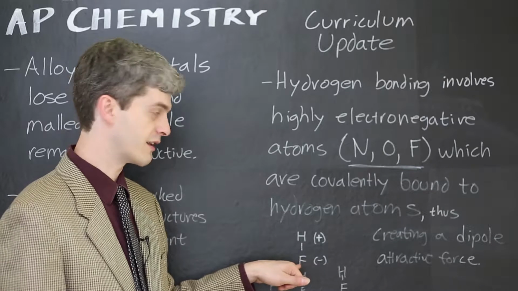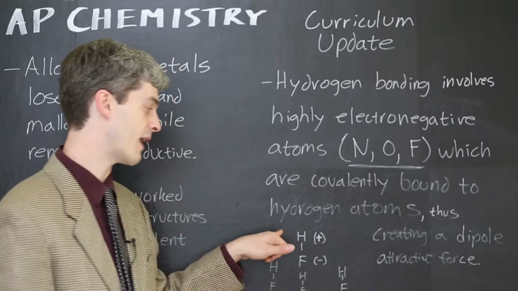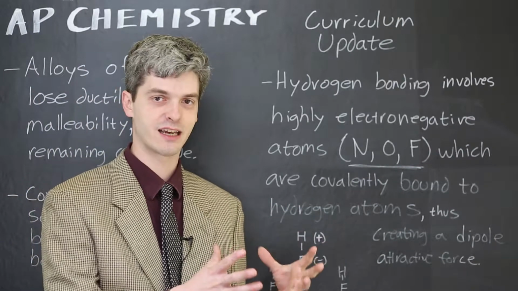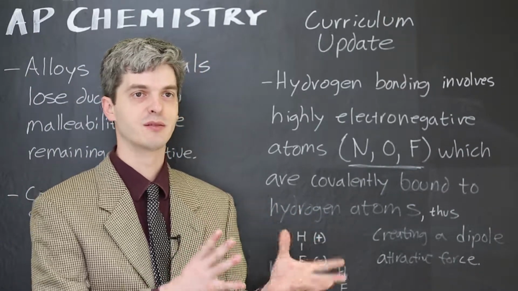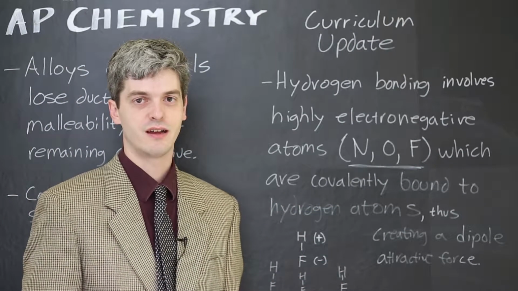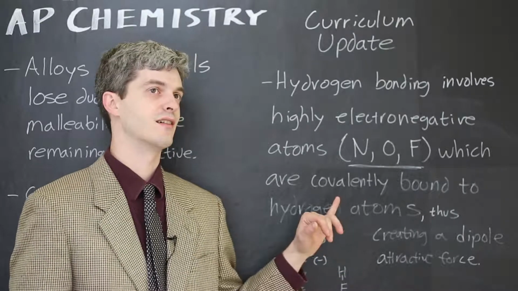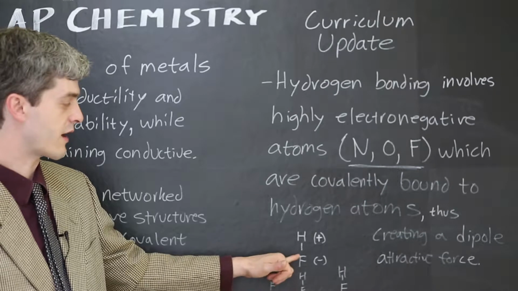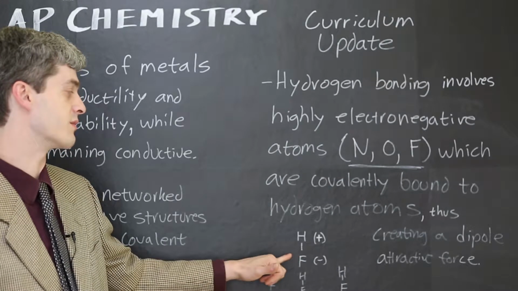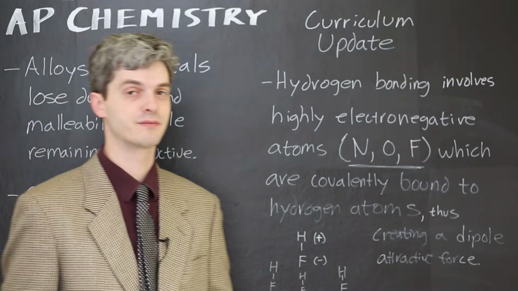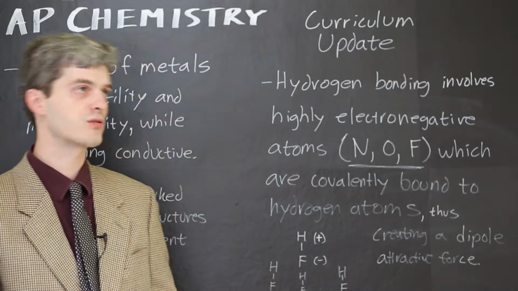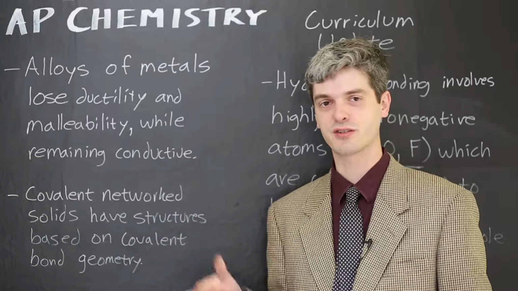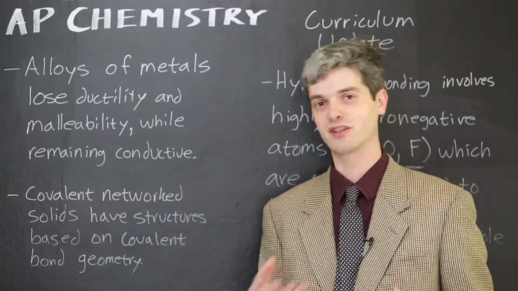So that's going to tend to be a little more negative, and the hydrogen is going to be a little more positive. When you have a bunch of them in a solution that are all able to move around in relation to each other, then the hydrogens of one will tend to be attracted to the electronegative atoms of another molecule. And this sort of leads back to the whole question of how covalent network solids get their structures based on the covalent bond geometry.